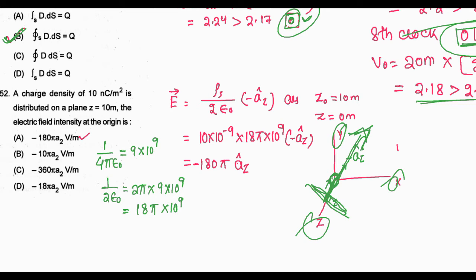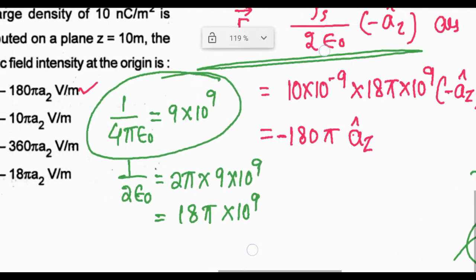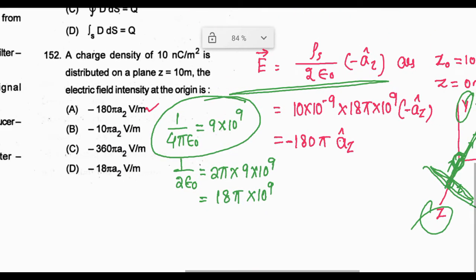So what will be the formula? Formula is rho s, that is the surface density, by 2 epsilon. This is the formula for electric field intensity at origin. And what is rho s? Rho s is given to be 10 nanocoulomb per meter square, and 10 nanocoulomb means 10 into 10 to the power minus 9, by 2 epsilon naught, and we know that 1 by 4 pi epsilon naught is equal to 9 into 10 to the power 9.